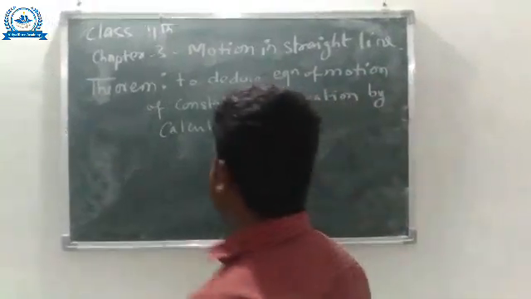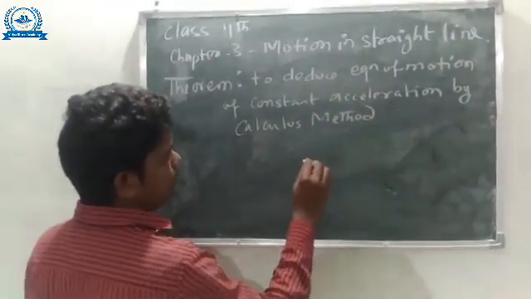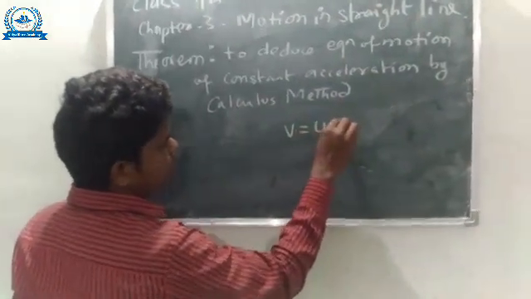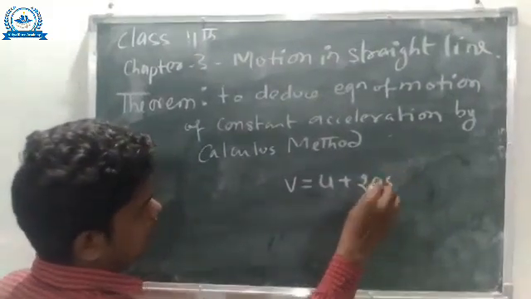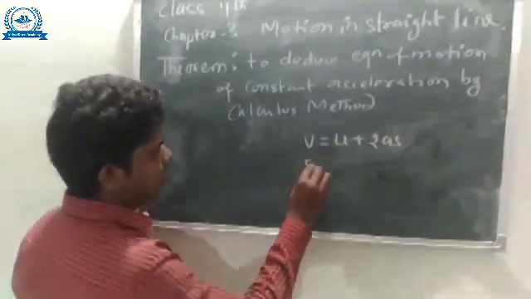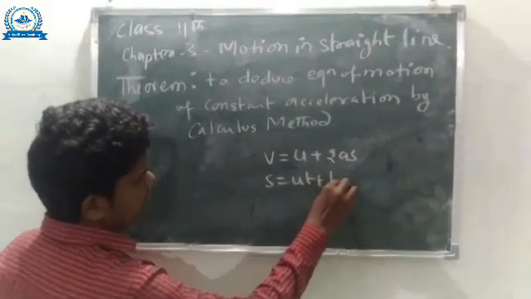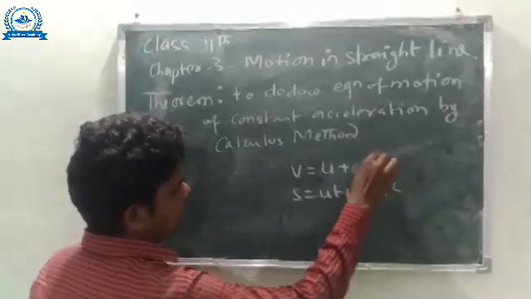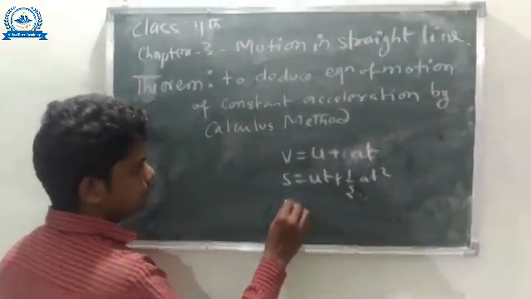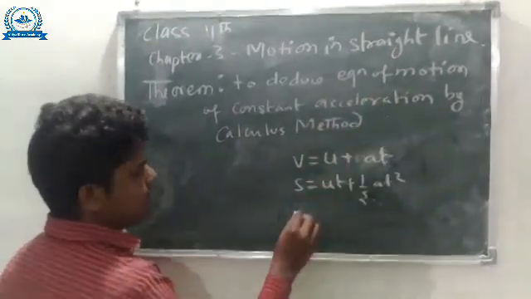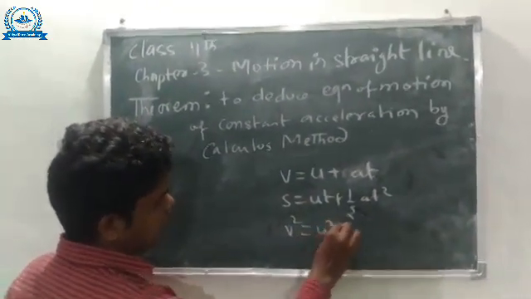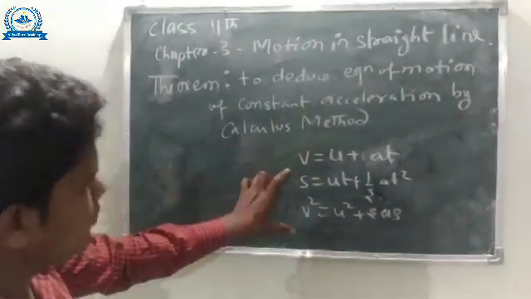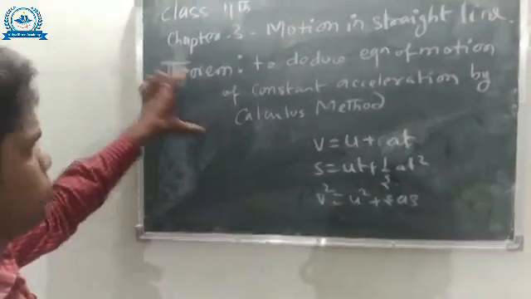From 9th and 10th class we have learned that there are three equations of motion: the first is v is equal to u plus at, and the second is s is equal to ut plus half at square, and the third equation of motion is v square equals u square plus 2as. One by one we shall see the proof of these equations of motion in this theorem.